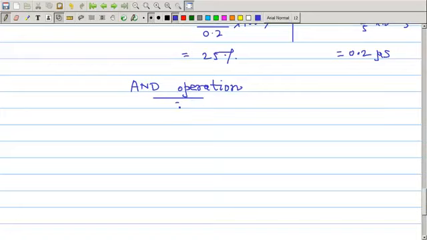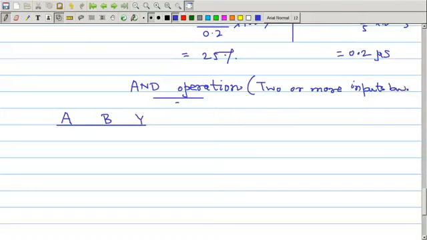As you know, an AND operation means you need to have two signals. Suppose you have a signal capital A and another signal capital B, and this is your output. A and B are the two input signals and this is the output signal. In an AND operation you should always mention how many inputs there are: two or more inputs, it can have 3, 4, 5.